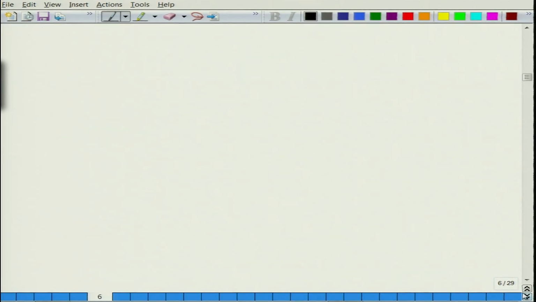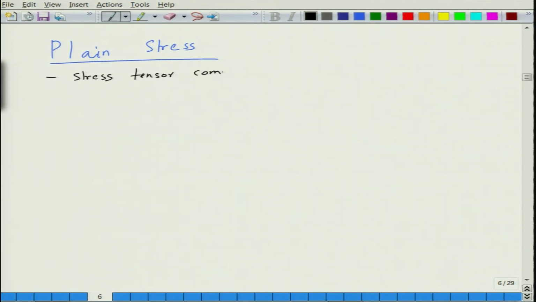And then finally, there is another state of stress which we probably did not look at, was plane stress. We looked at it when we did the determination of relation between moduluses. So, here basically what we mean is that stress tensor component along one principal direction is zero.